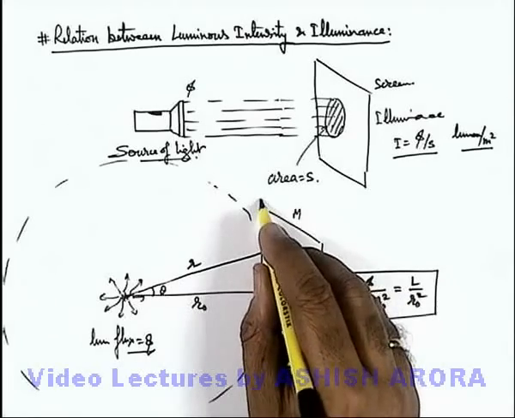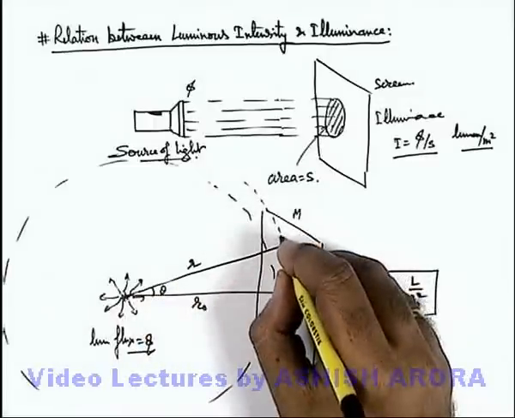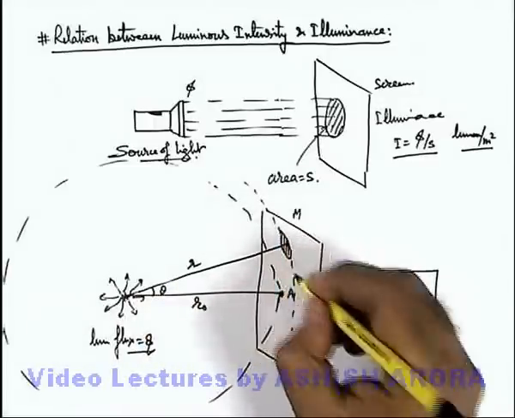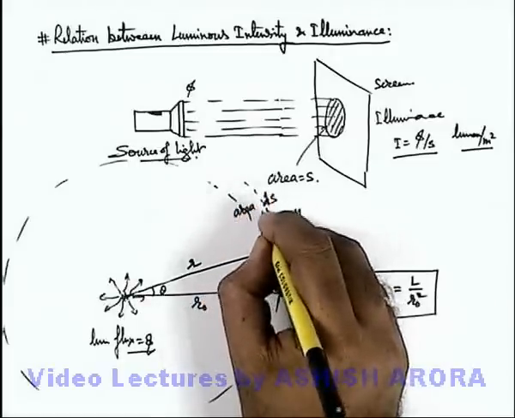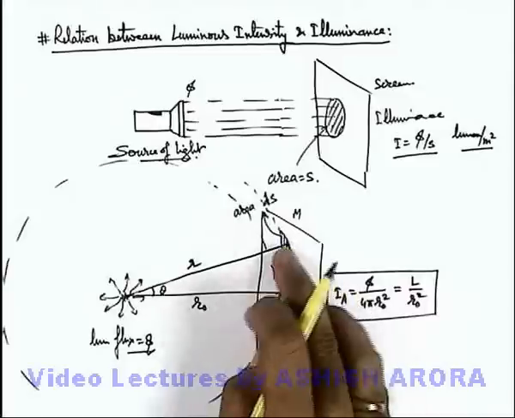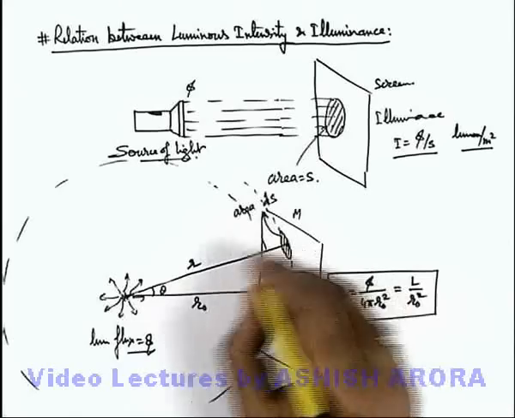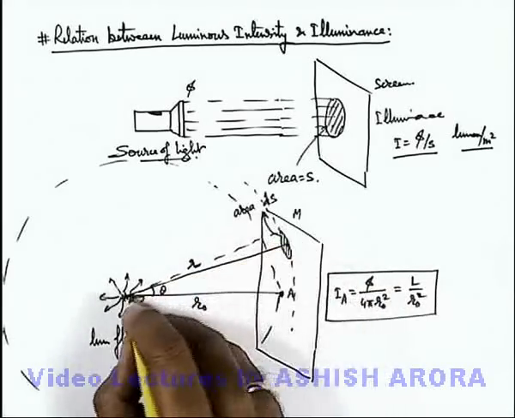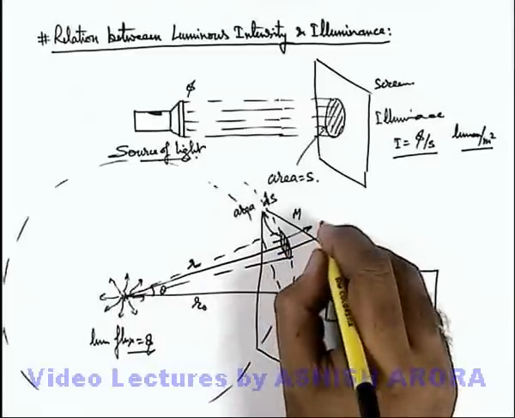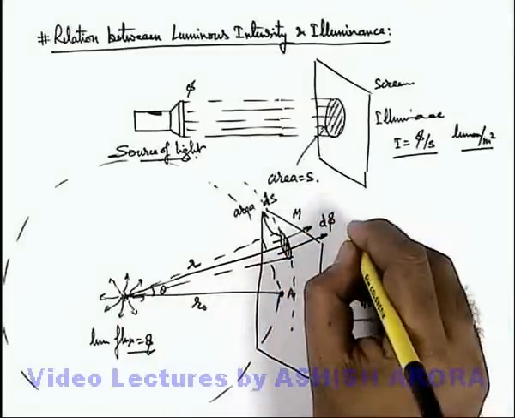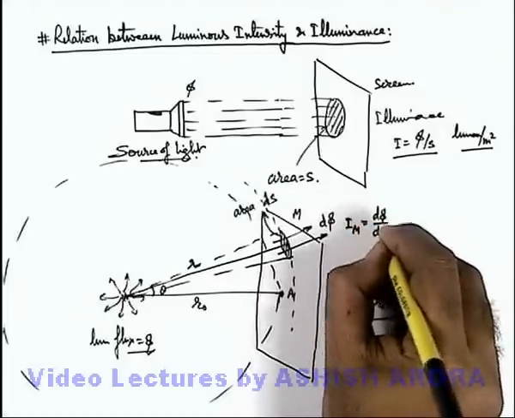Then here also we can find out the illuminance, but in that case if we consider a spherical surface of radius r, then in this direction, if we consider this small section of area ds, this ds we are considering normal to the direction of propagation, and for this area ds, within this small solid angle d omega, if the luminous flux passing is d phi, we can simply write the illuminance at point M is equal to d phi by ds.